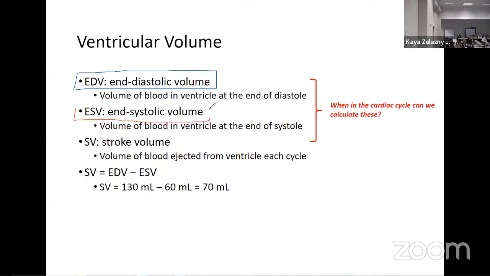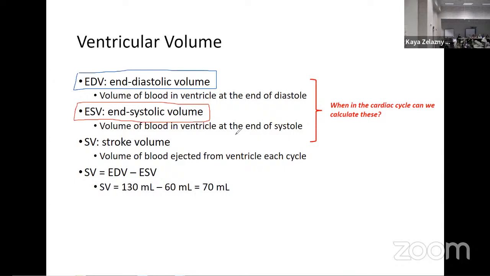This is at the end of our squeezing phase, systole, squeezing, contracting. So our end systolic volume happens at the end of systole, after we have squeezed out as much blood as we can, at the end of that ventricular ejection phase. This is the least blood we'll have in our heart.